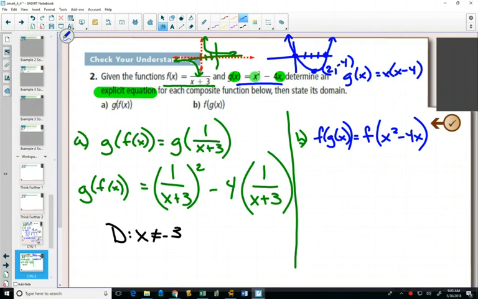Now the function f says whatever you plug in, you do 1 over that value plus 3. So if I have f of x squared minus 4x, that's what I'm plugging in. It's going to equal 1 over x squared minus 4x plus 3.